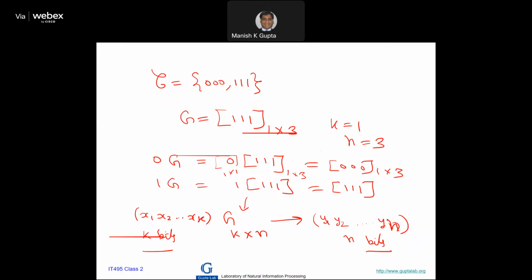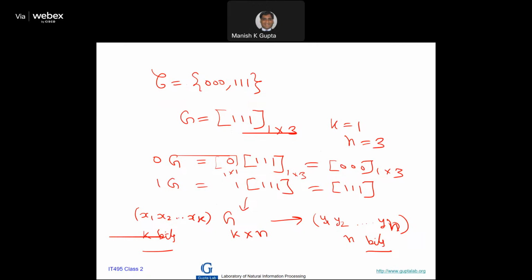That's another counting problem. We know that if you take any k linearly independent vectors, it will give you a basis. Suppose we are looking at the binary vector space, over Z2 raised to power n. How many k-dimensional bases are possible? So you have to choose those.